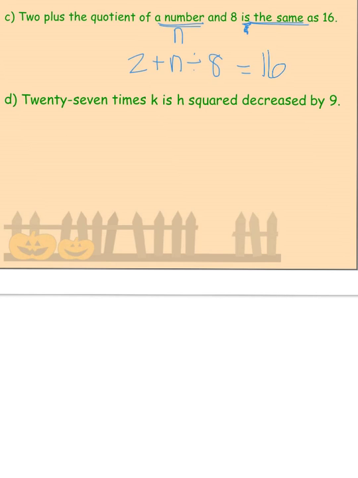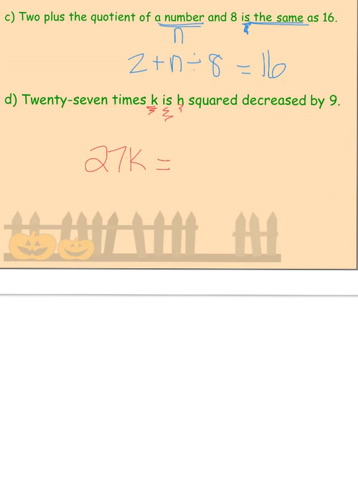Let's take a look at example D. 27 times k, so there we have a letter, is, there's our keyword, h, another letter, squared, decreased by 9. So we've identified our unknowns, we've identified our equal sign. Let's write it. 27 times k. You can choose to put the multiplication dot in there if you want.